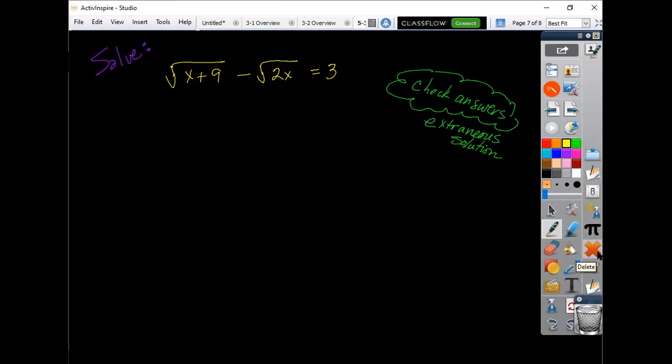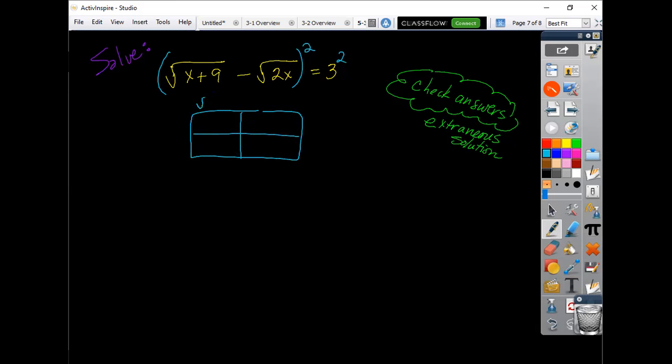It's kind of messy. Just be patient, careful, and check your work. When you're doing this, you could even make a rectangle to organize it. I'm going to put the square root of x plus 9 minus 2 square root of 2x, and then over here, the square root of x plus 9 minus the square root of 2x.